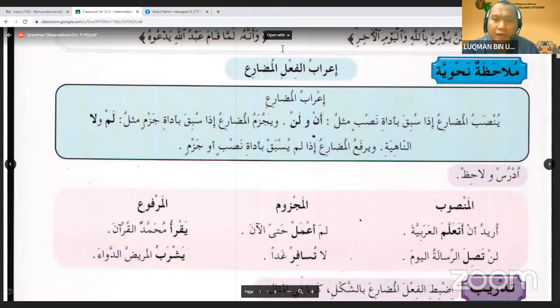First is فعل مرفوع, nominative case. That's the default, meaning it ends with a ضمة. Then the second one is accusative case, منصوب.